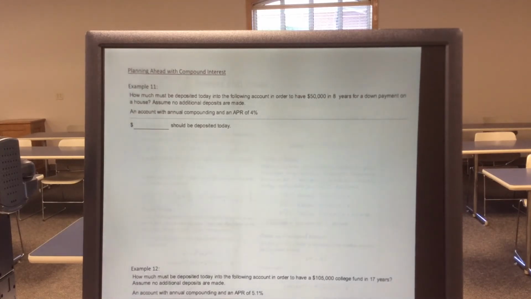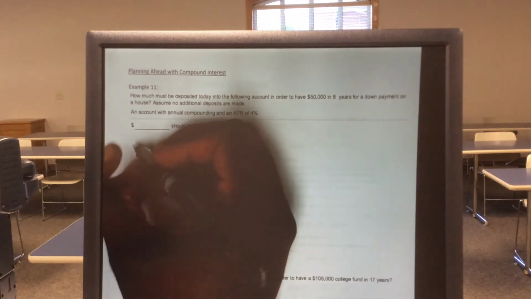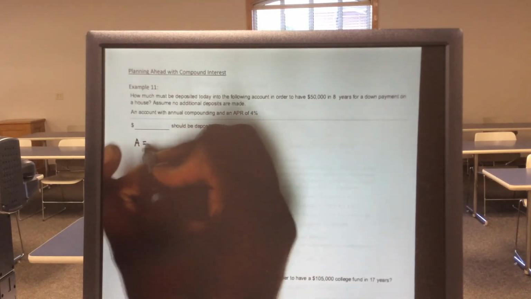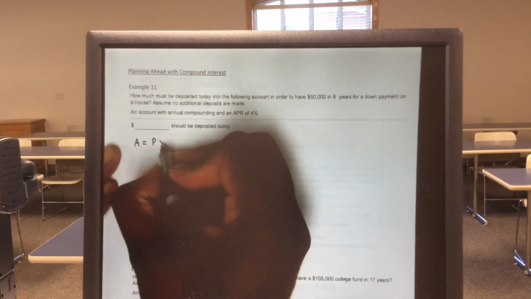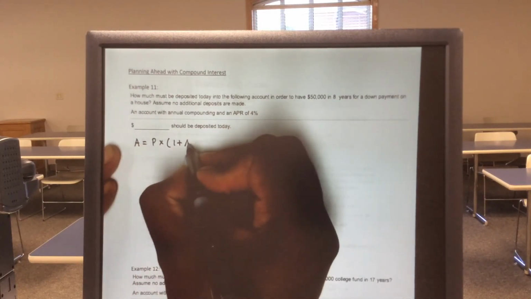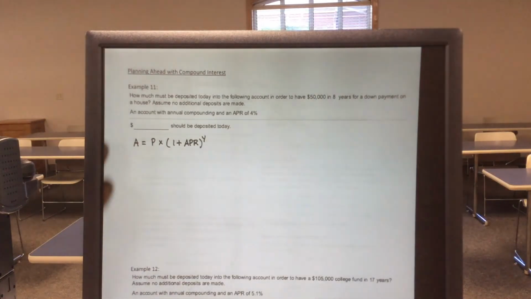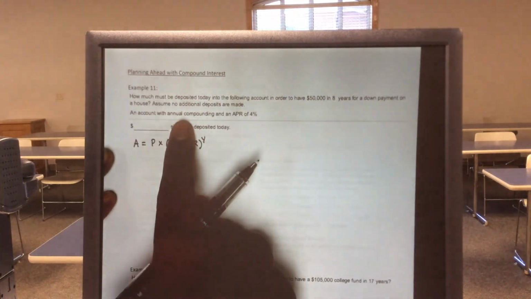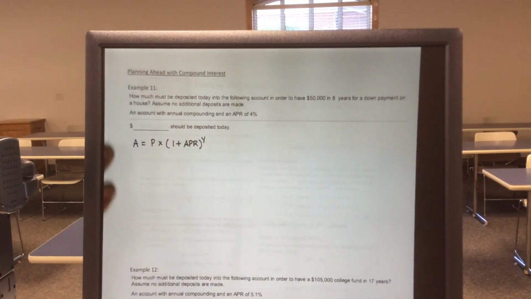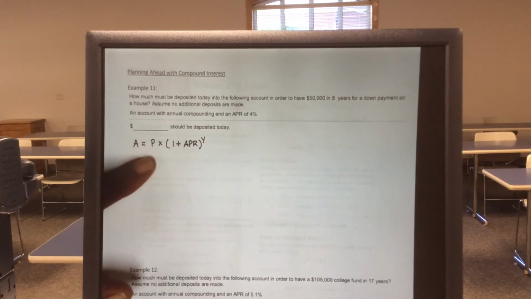Okay, so now, in this case, we have to use this formula: A is equal to P times (1 plus APR) raised to the Y, because it says annual compounding. Now I'm going to manipulate this formula a bit, because I'm going to get P by itself.